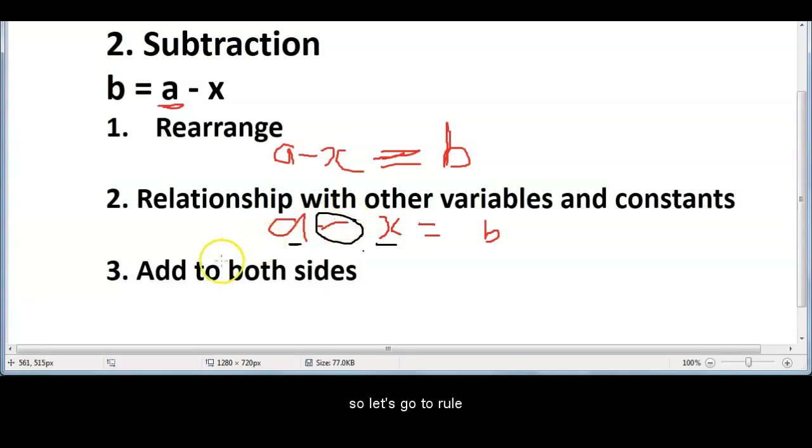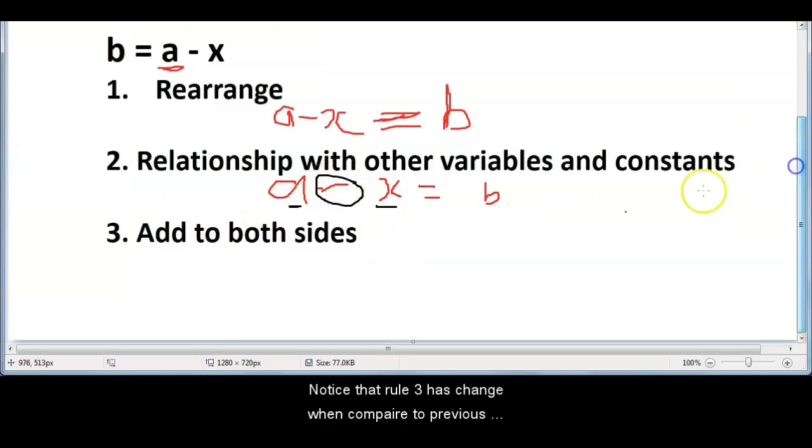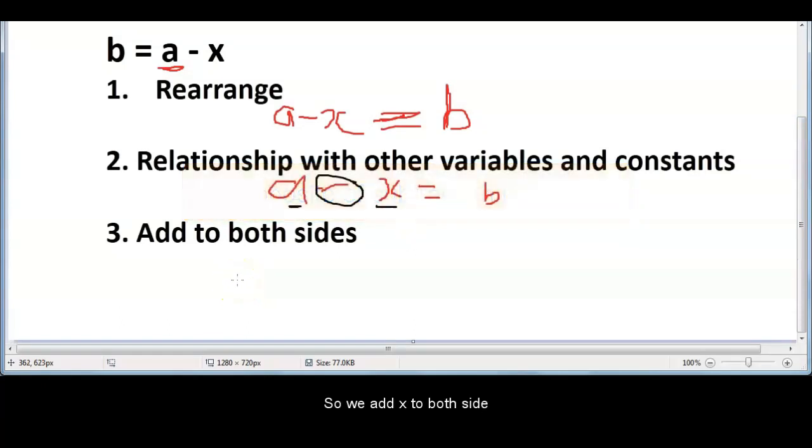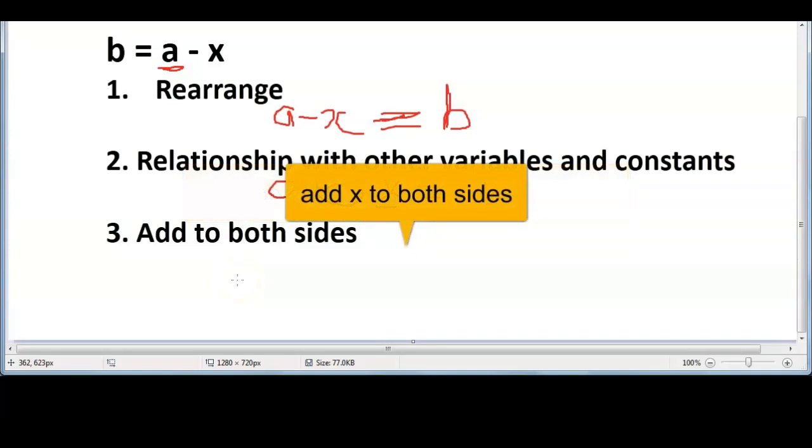So let's go to rule 3. Notice that rule 3 has changed when compared to the previous solution. This is because the opposite of subtraction is addition. So we add X to both sides.